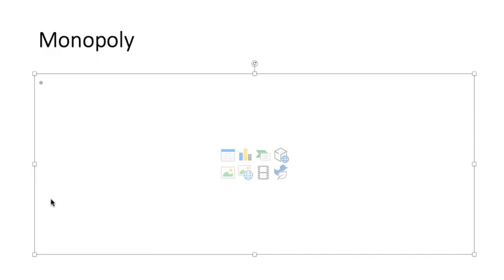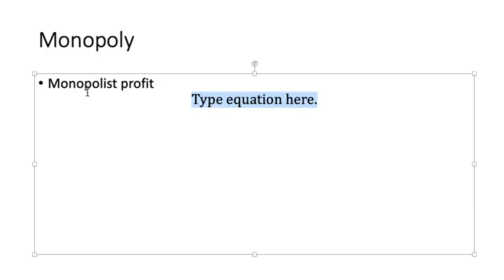For the first few videos, we're going to discuss a couple of problems involving the monopolist profit maximization problem. As you know, the monopolist profit is given by the equations already in the slide.